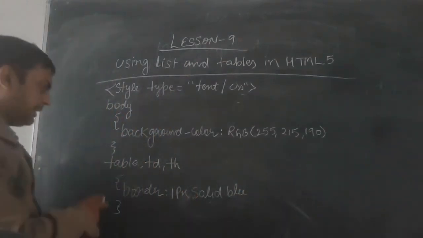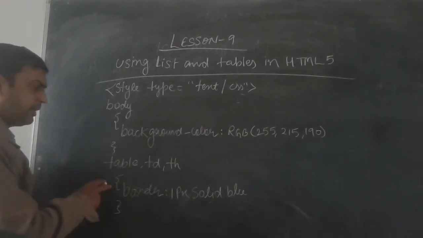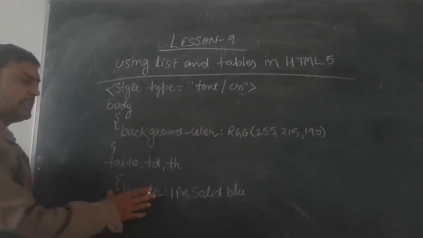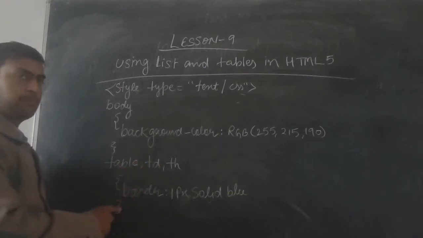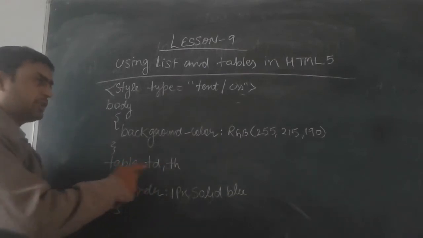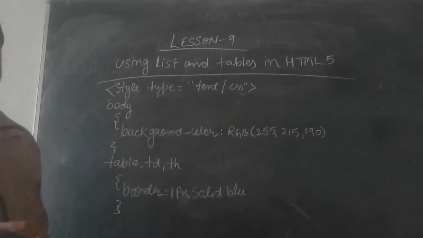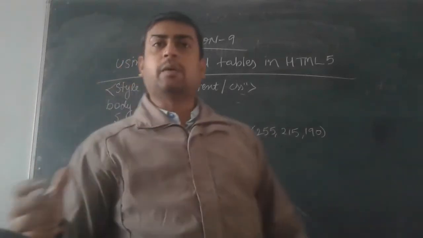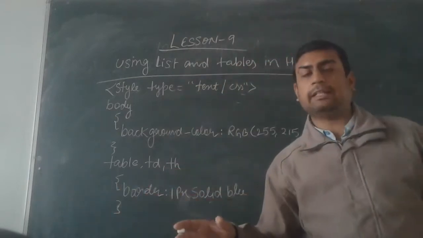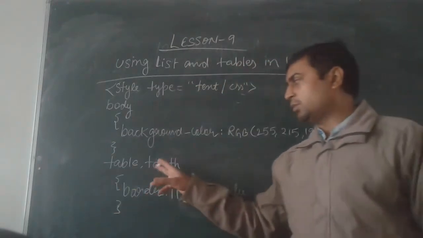Now this property, border 1px solid blue, will be commonly applied on all these three: table, TD and TH. So this is the method to give the values commonly for two or three different tags together.